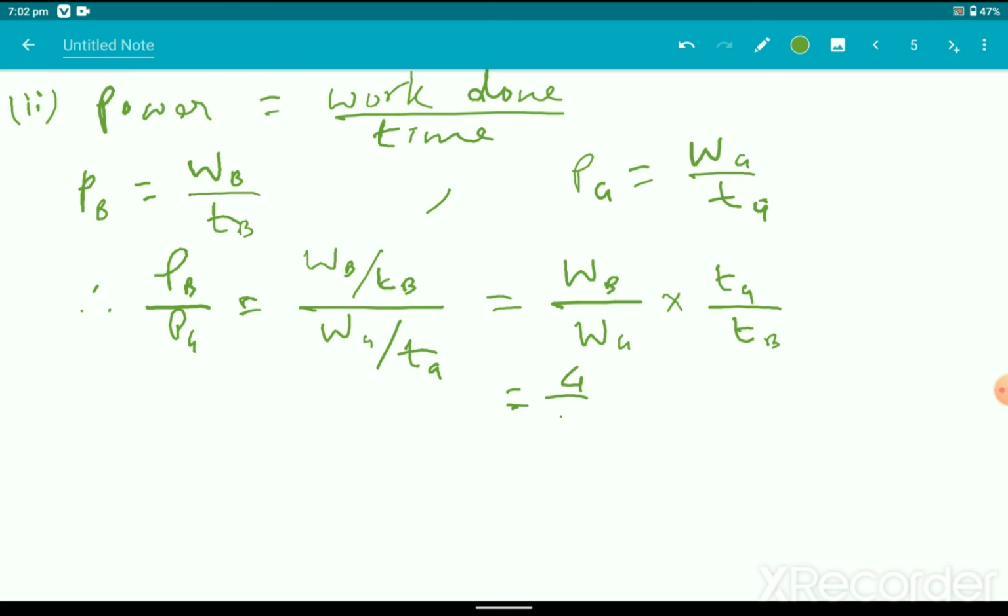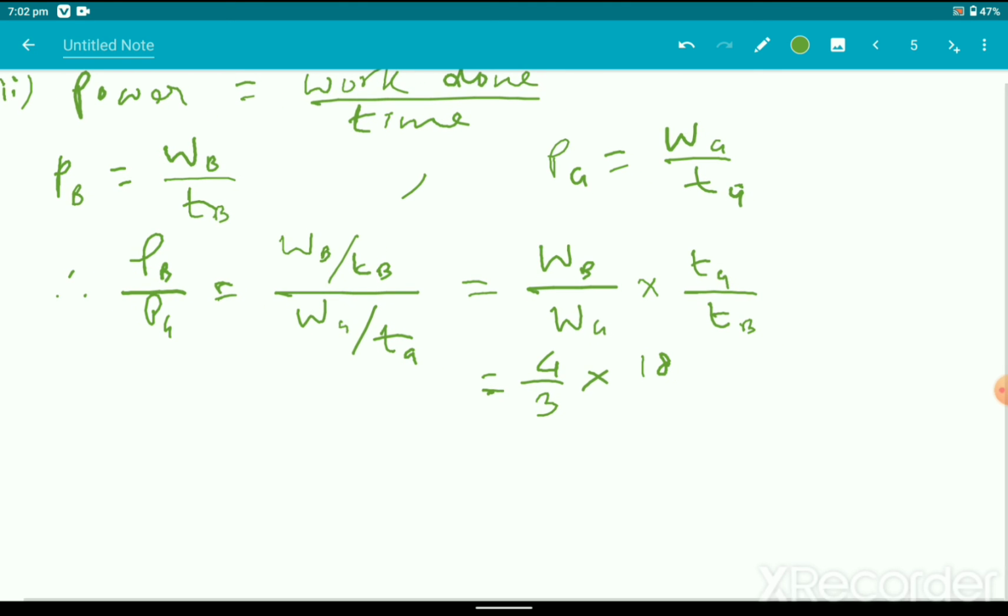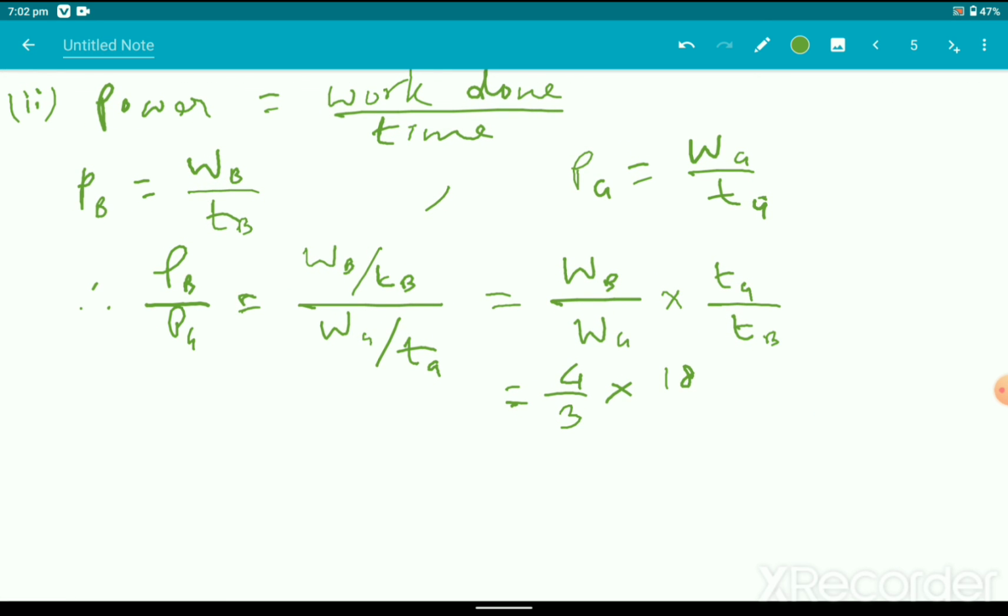So 4/3 into time taken by the girl, 180 seconds, by 240. 6 3s are 18, 6 4s are 24, and the 4s and 3s cancel out. So it turns out to be 1 by 1.